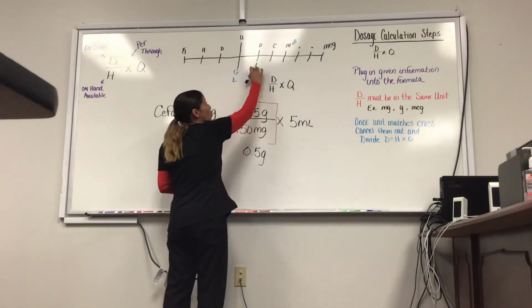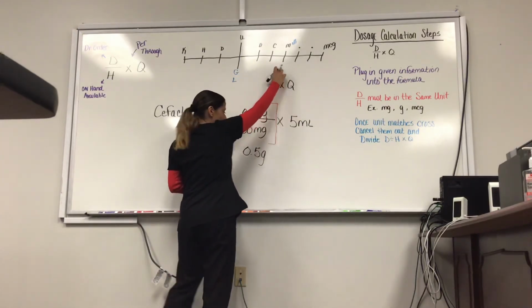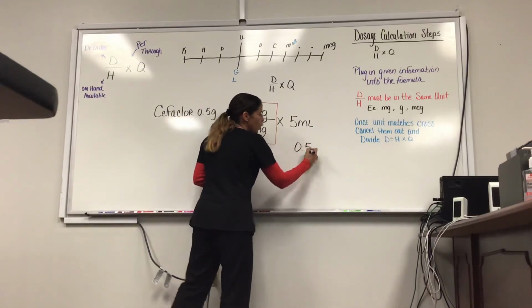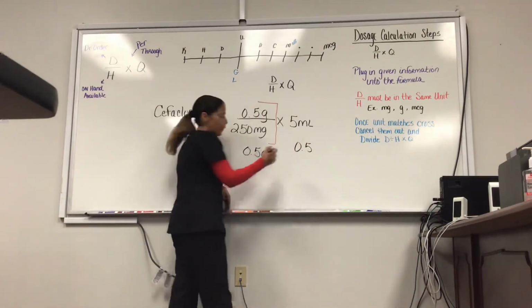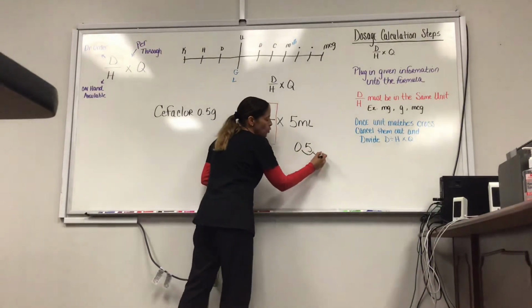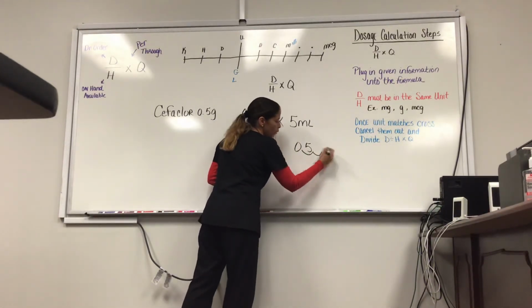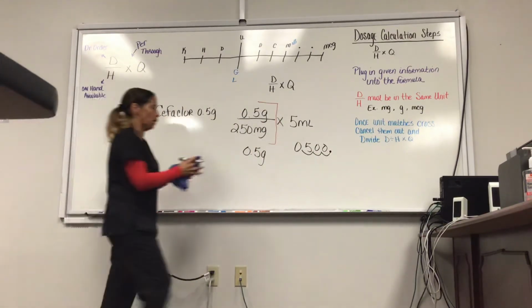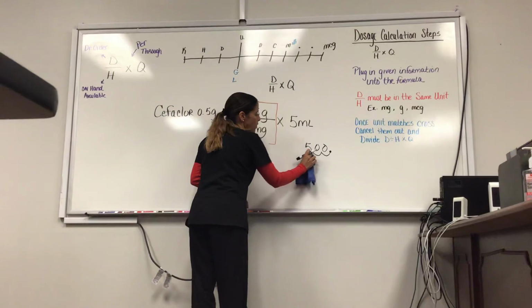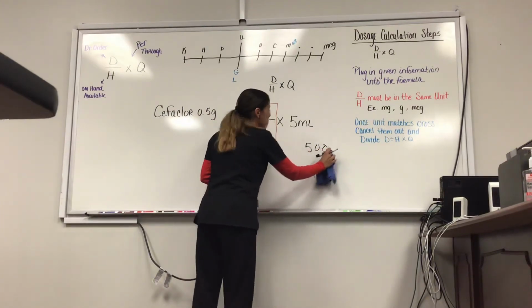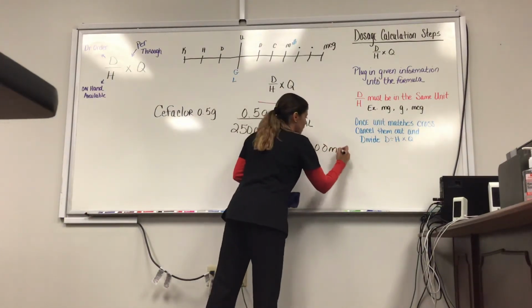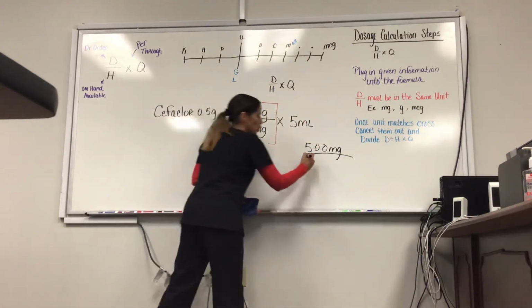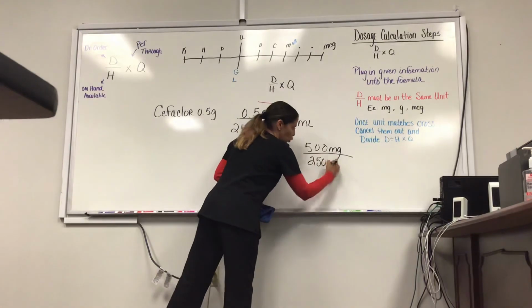We would jump 1, 2, 3. So on 0.5, we would go 1, 2, 3, fill that in. It becomes 500 milligrams. And we put that over the 250 milligrams.